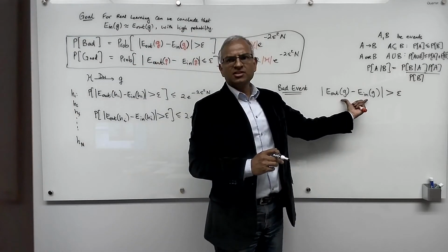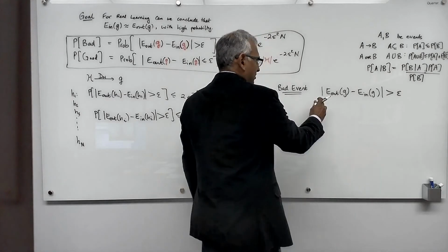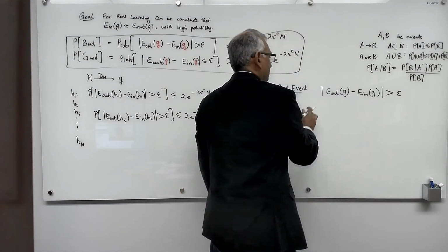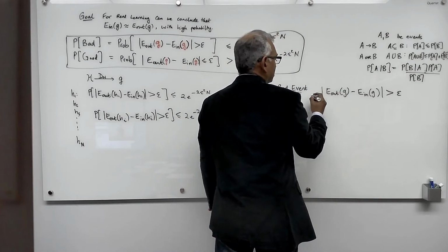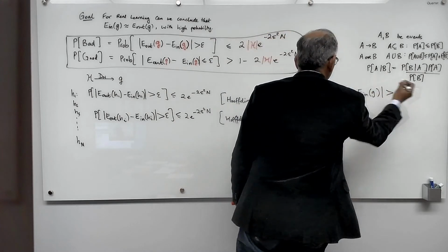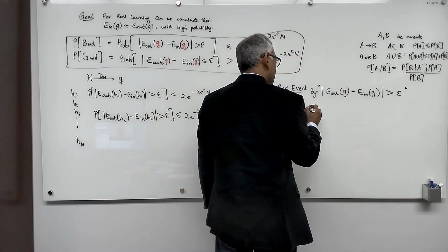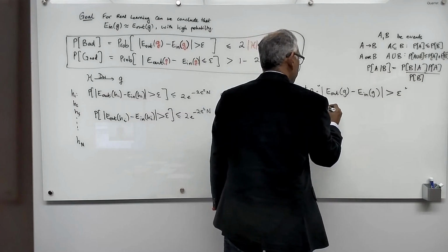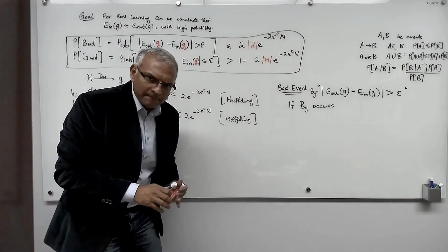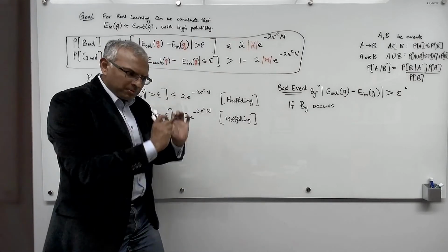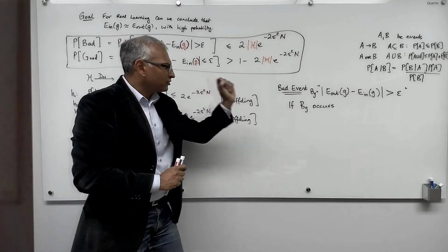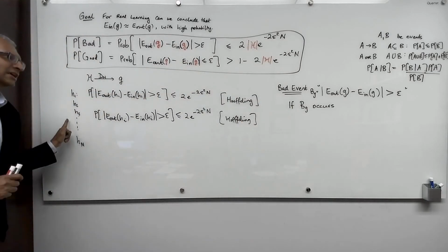So if you're in the situation of a bad event, let's call this bad event B sub g. If B sub g occurs, well, we know for sure, and this is why we impose the restriction that g must come from the fixed hypothesis set H, that g is one of these H's.